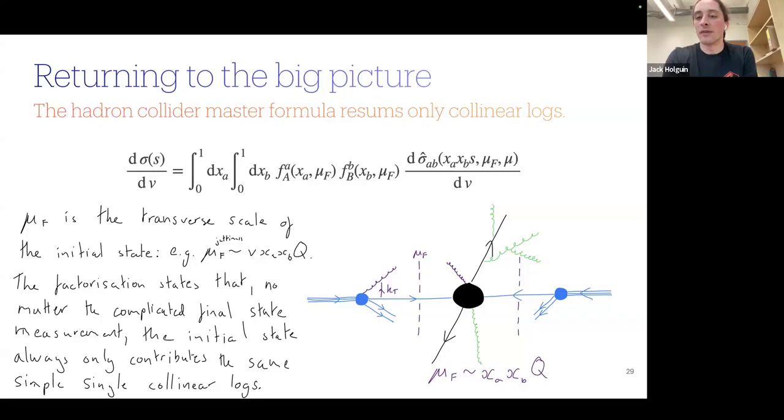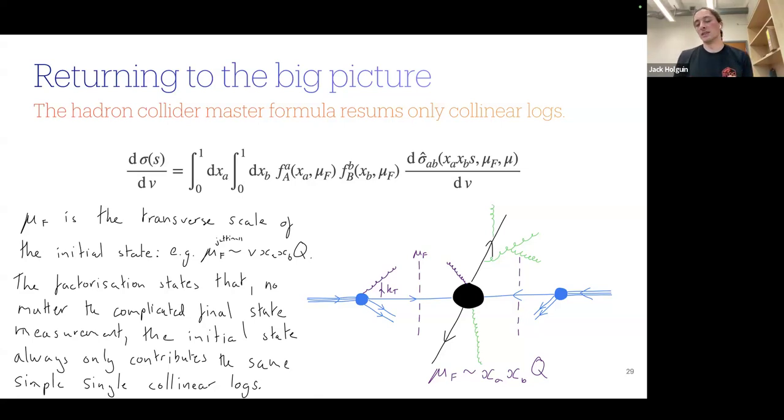But pulling the PDFs out is telling us that the logarithms coming from the initial state radiation, all the gluons coming below μf, are single logarithms. They only depend on alpha s times log of μf or log of the kt. So this is actually telling us something very important.